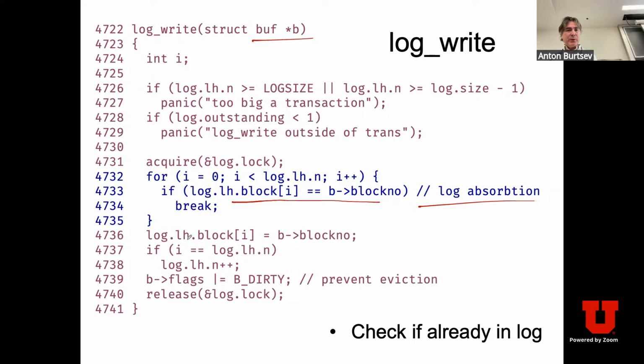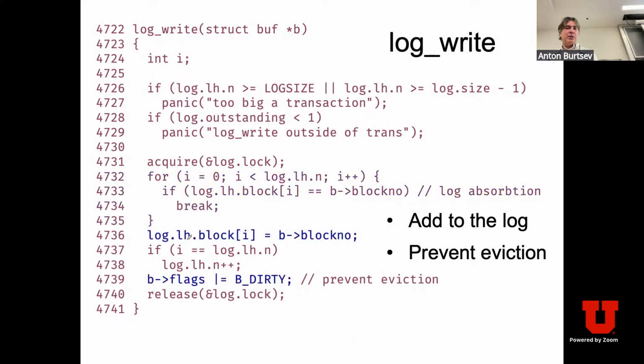If, however, it's not there, you say, look, I got to the end of this log and I'm adding a new number. So simply remember the block number which I will have to write later, right? And you mark this block as dirty, meaning that xv6 will not evict it without flushing it to disk.